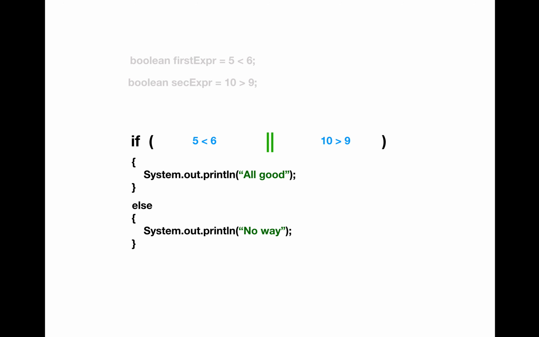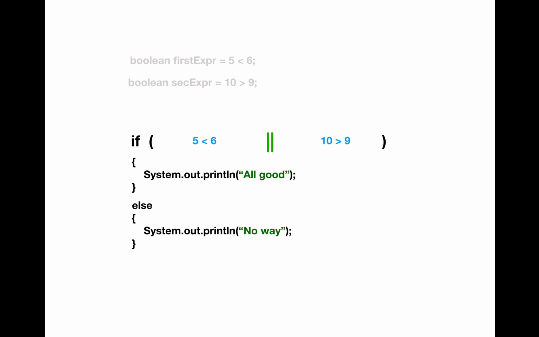On the other hand, if we have or, then it means that only one of them has to be true. What if both of them are true? That's okay because one of them is still true. So it has to be at least one of them to be true for the whole expression to be true. So in this case, 5 is less than 6 evaluates to true. 10 is greater than 9 also evaluates to true, so the whole expression would evaluate to true.